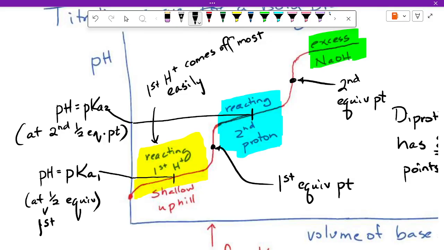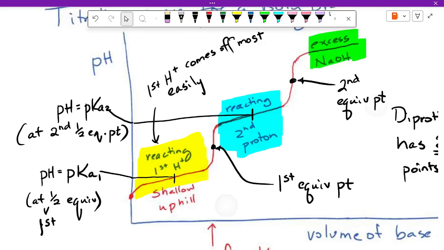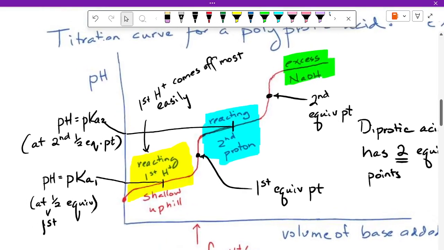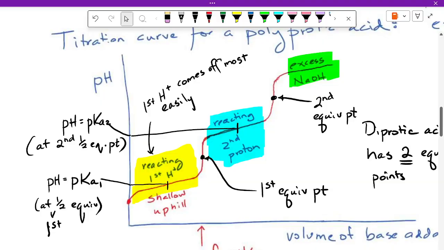Not very. But, oh, look, there are 2 bumps, not just 1 bump. It must be diprotic. Yes? I guess part of it is just realizing that all of the first hydrogen comes off, you hit an equivalence point, and then all of the second hydrogen comes off.